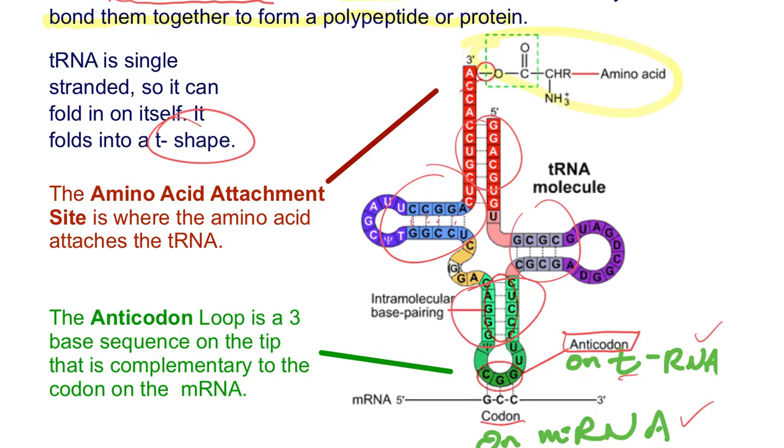So depending on what the anti-codon is, depends on what amino acid appears in the amino acid attachment site. So those codons on the mRNA base pair with a specific anticodon on the tRNA, and depending on what that anticodon is determines what amino acid this tRNA brings over.